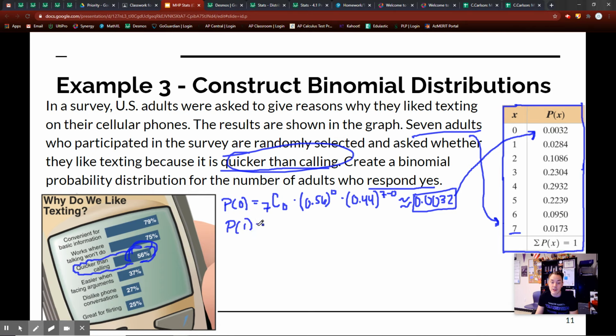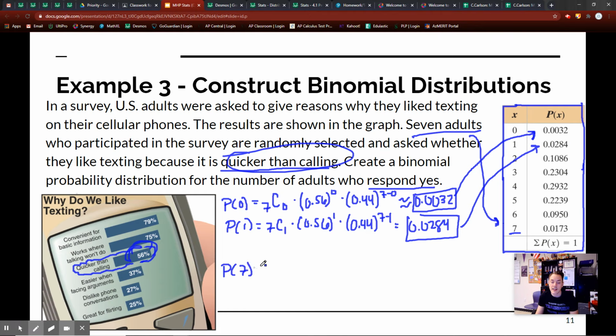So if I wanted to do the probability of 1, this would be 7C1 times 0.56 to the 1 times 0.44 to the 7 minus 1, and this would equal 0.0284. And this is exactly what we have right there. And then, of course, if I wanted to do the probability of 7 at the very end, I'm not going to do everything else. Just give me a second, I'll erase that.